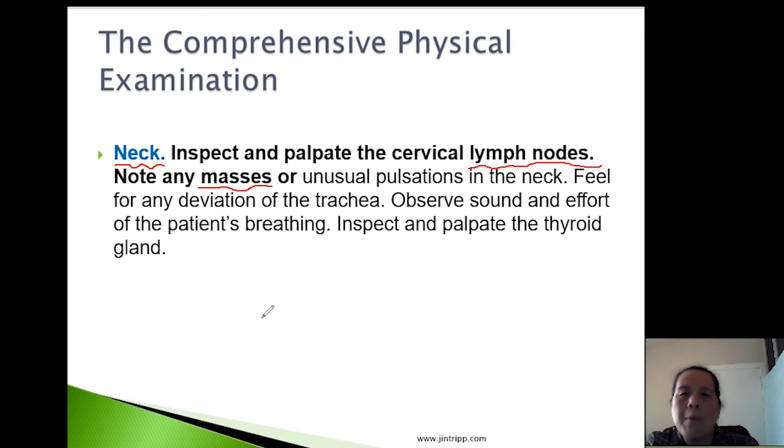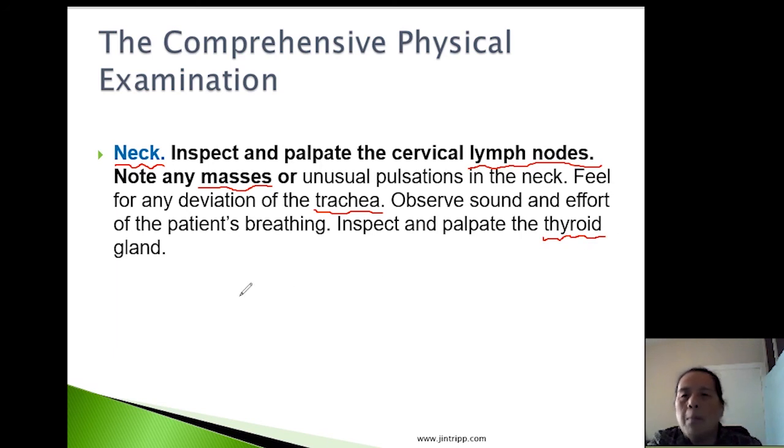The thyroid gland is located in the neck area. We can also feel the trachea. The trachea should be in the center of the front neck area. And we can look at and palpate the thyroid gland.